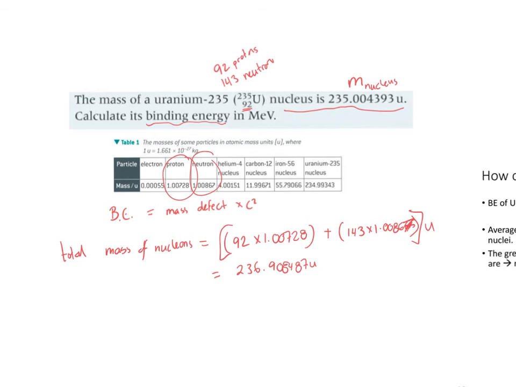Second step: now that I've calculated the total mass of the nucleons, I can calculate the mass defect. Basically I can take the difference between the total mass of the nucleons that are separated and the mass of the nucleus as a whole, and that will be 235.004393 minus the nuclear mass. Don't forget u, because u is very important to include in the calculation at the end.